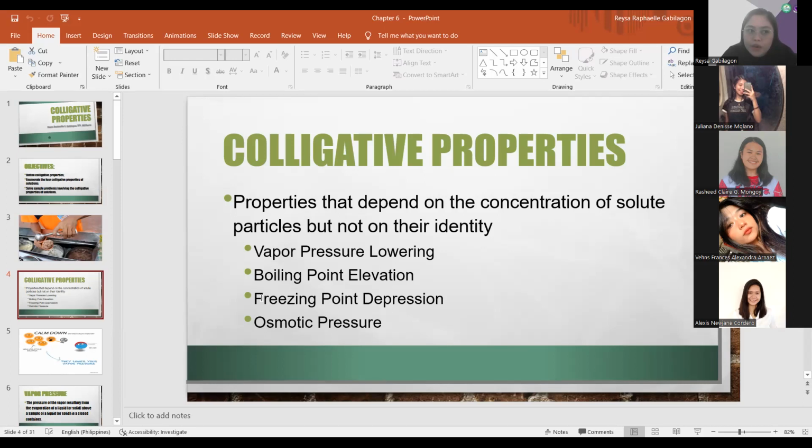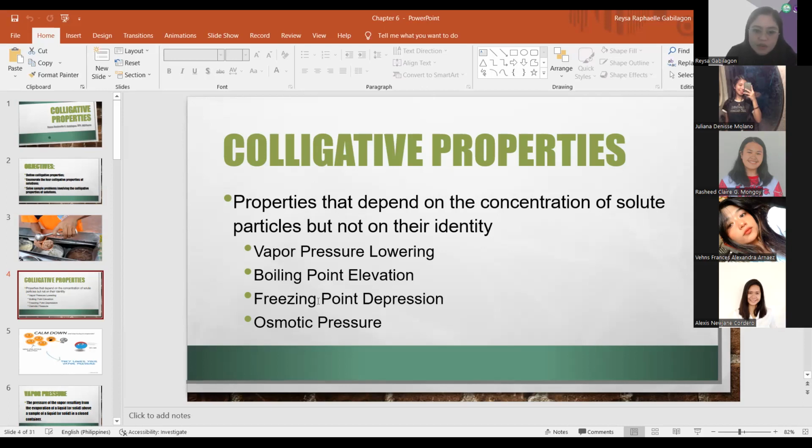Okay? So the temperature needed before a substance freezes becomes lower. If we compare, I said earlier that water freezes at 0 degrees Celsius. But when you add solute to your water, its freezing point is lowered, and it can even go negative. Okay? It goes negative before it freezes.